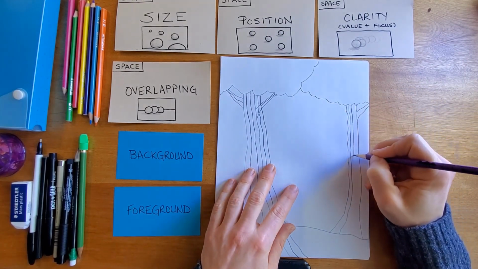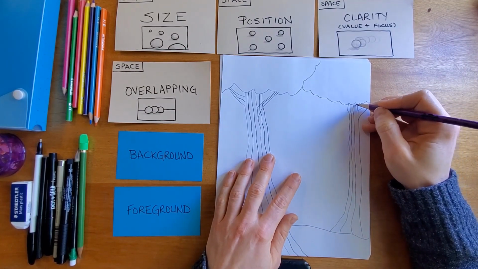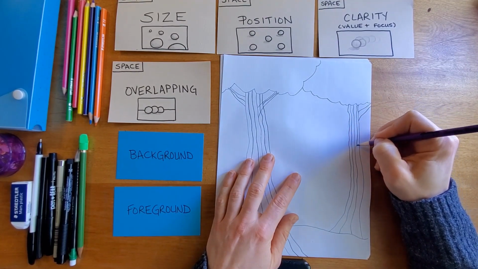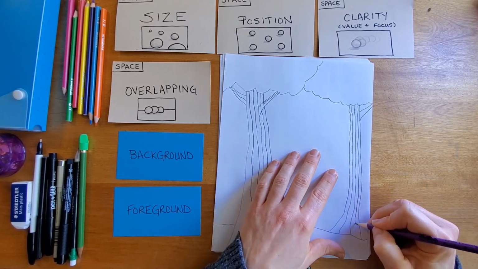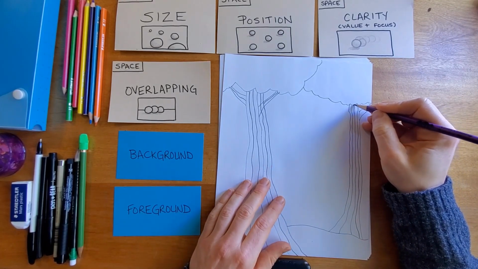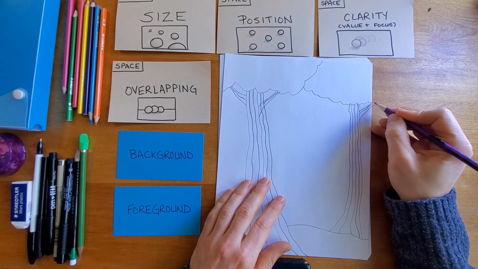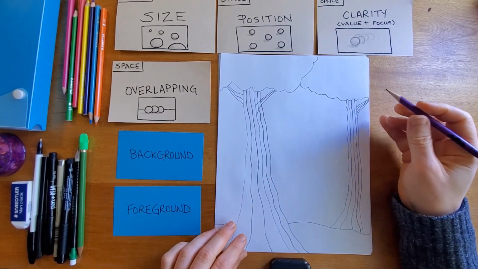Sometimes it's evenly spaced, sometimes it's not, and that's okay. Trees are organic, and that means they do not follow a lot of rules, do they? When we're drawing them, you can have wibbly wobbly lines, it's okay.